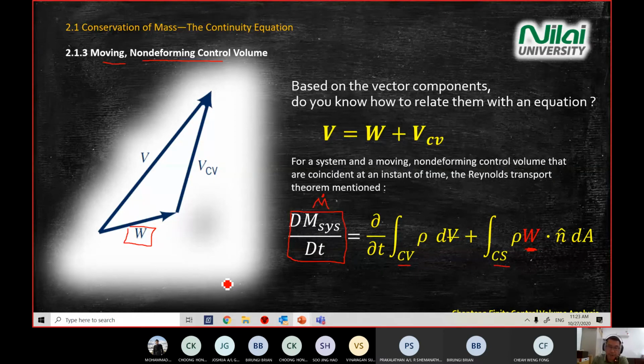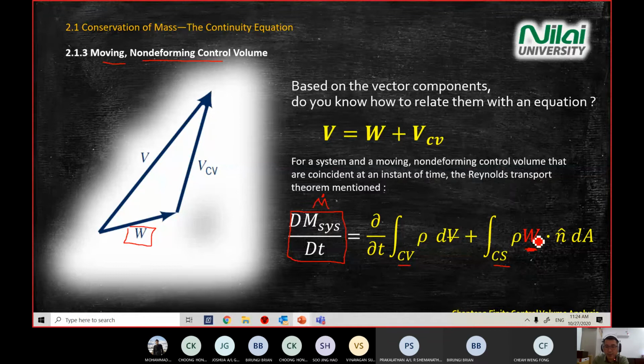We will start deriving the equation for the application of the moving non-deforming control volume case. So we start with dm system over dt equal to del over del t control volume component plus the control surface component. Remember to change your velocity vector, focus on the relative vector, which is W in this.